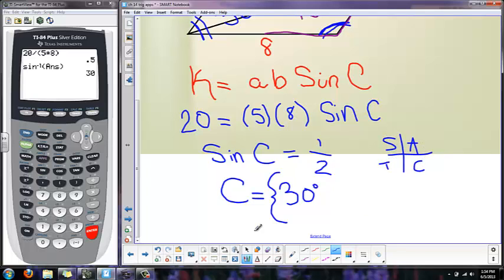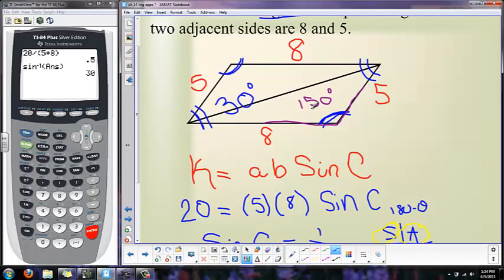Because sine was positive in two different quadrants, the first and the second, you had to not only say it's 30 degrees, but it's also 180 minus theta, or 180 minus 30, which happens to be 150. Look right there. That was the other answer.